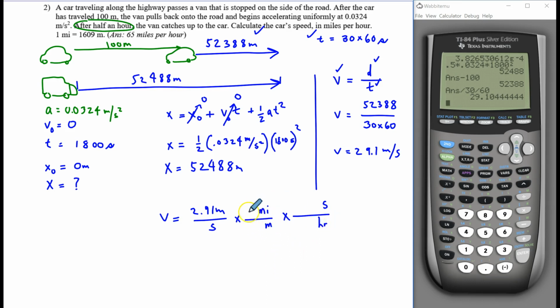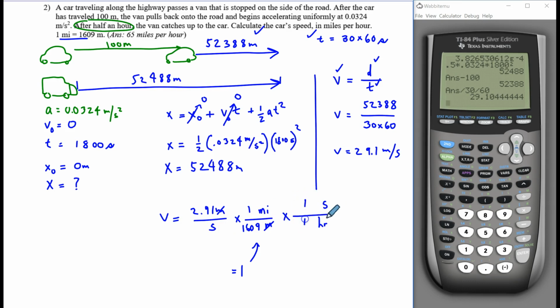Now I can't put 1 and 1 because 1 mile doesn't equal 1 meter. But what do we know? Well, 1 mile equals 1609 meters. And this fraction is equal to 1. I'm not changing the value by multiplying with this fraction. Okay, the meters cancel, and I'm left with miles per second.